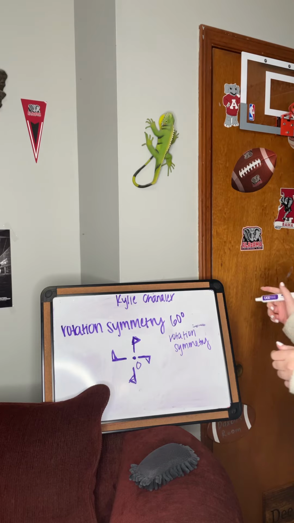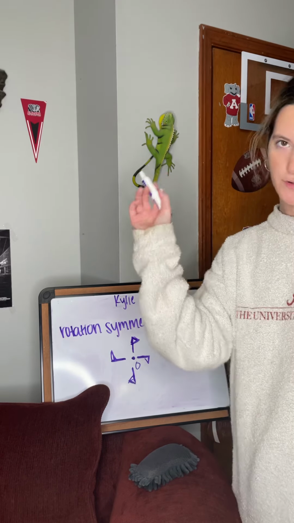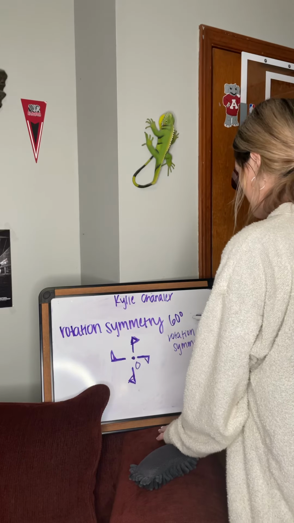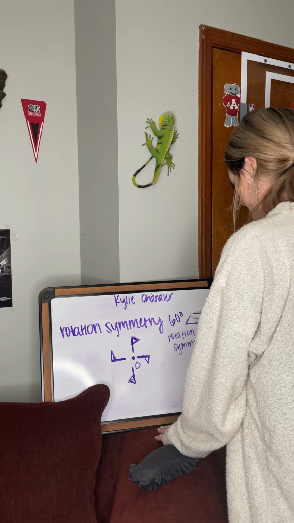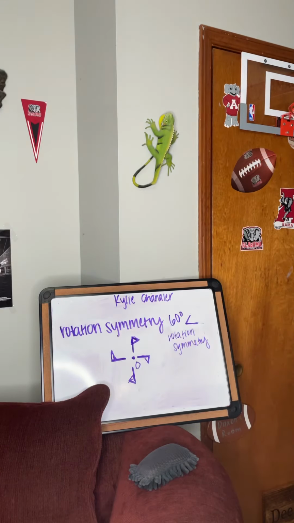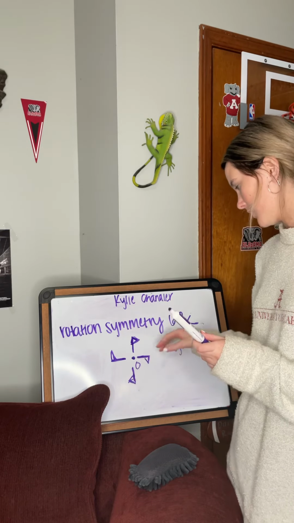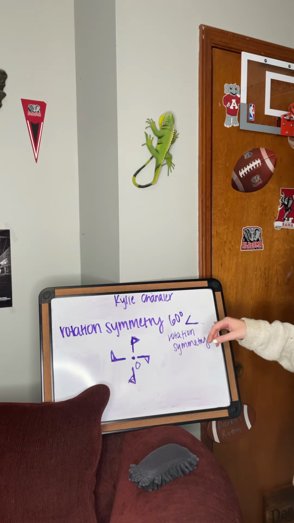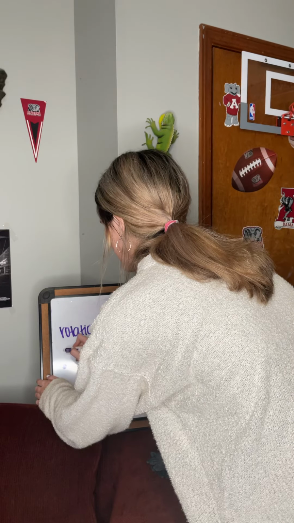We know that a 60-degree angle is obviously going to be less than 90, so it's not going to look like the one before. So let's just say it looks something like this. Now we know that this is the 90-degree one, and we know that the 60-degree looks like this. So we have the same point, point O, starts like this.